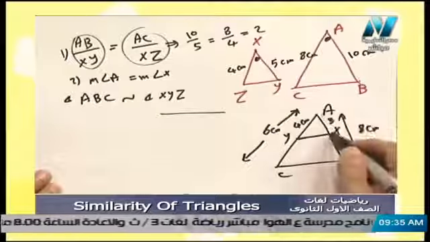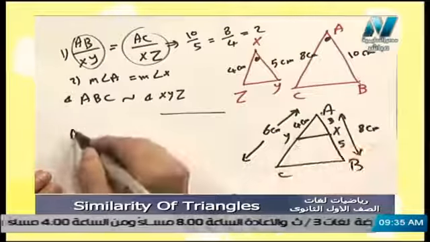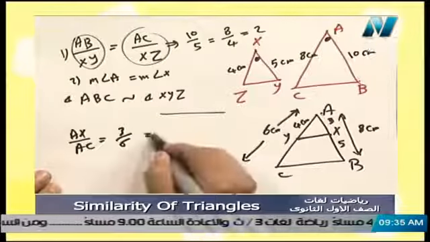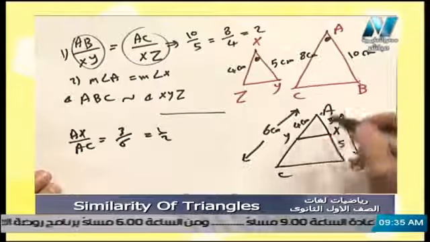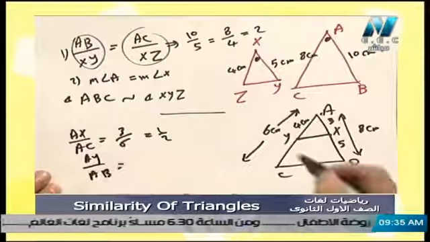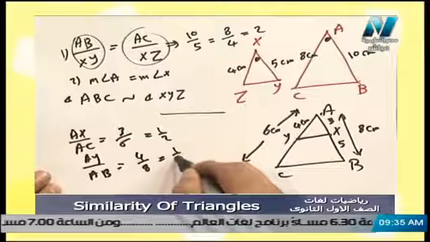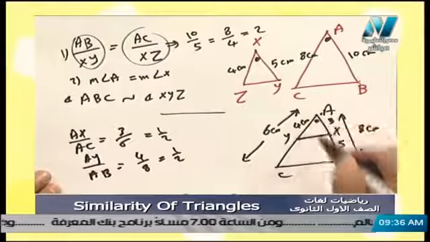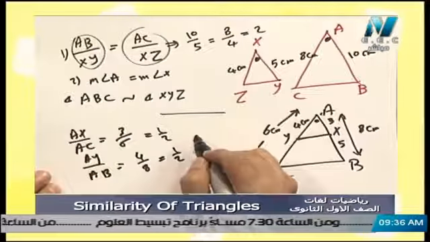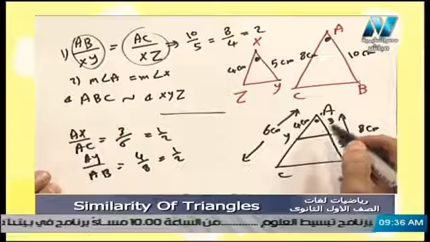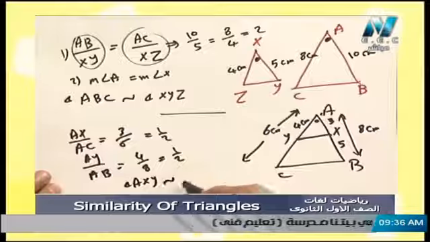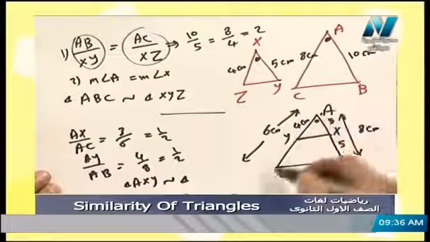We have AX over AC equals 3 over 6 equals half, and also AY over AB equals 4 over 8, equal to half also. And the included angle is the same angle for these two triangles. Angle A is a common angle. So we can say that triangle AXY is similar to triangle ACB.